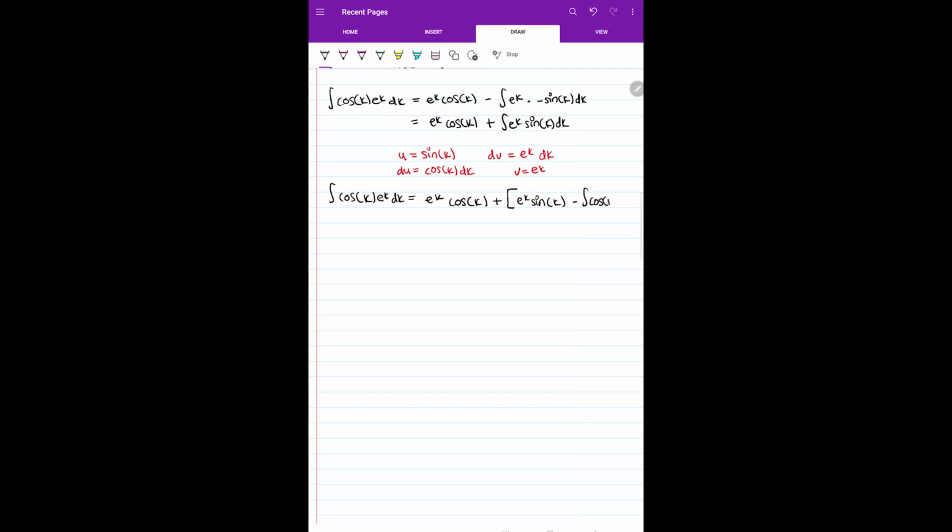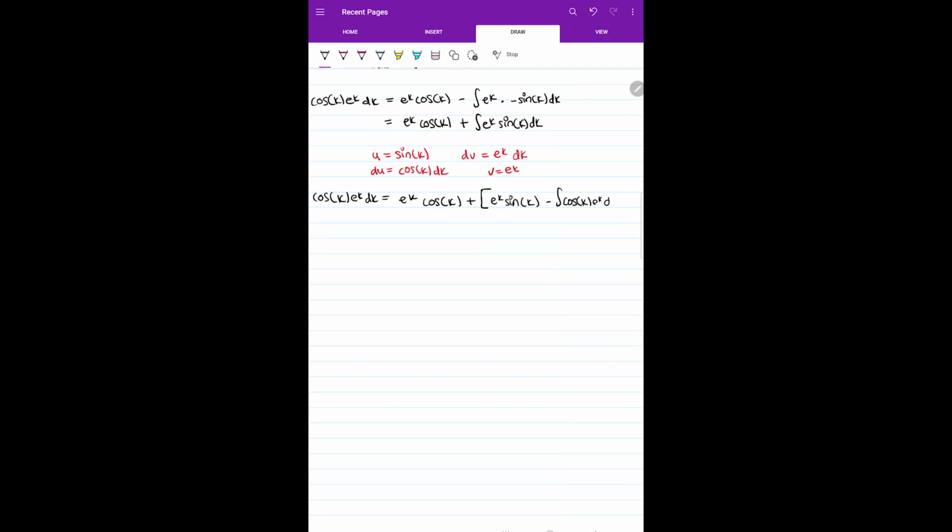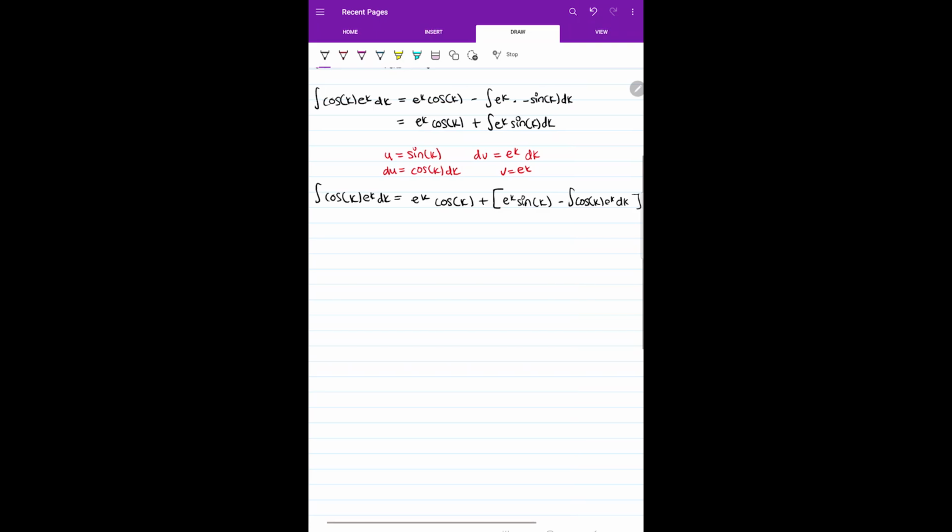Okay, it's the same thing, and then dk. So that's looking good. Because this is a plus here, we can drop the brackets, not really going to change anything, so that's going to stay the same, and this is also going to stay the same.